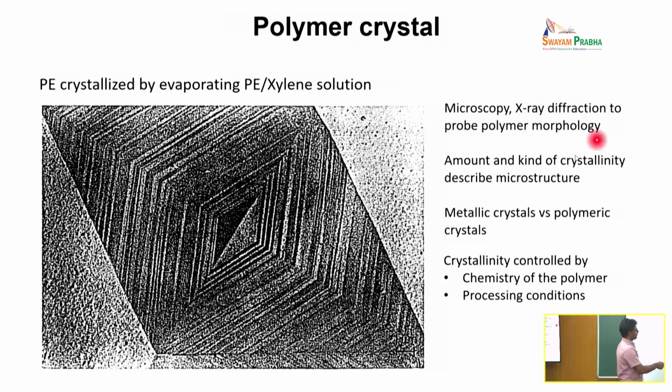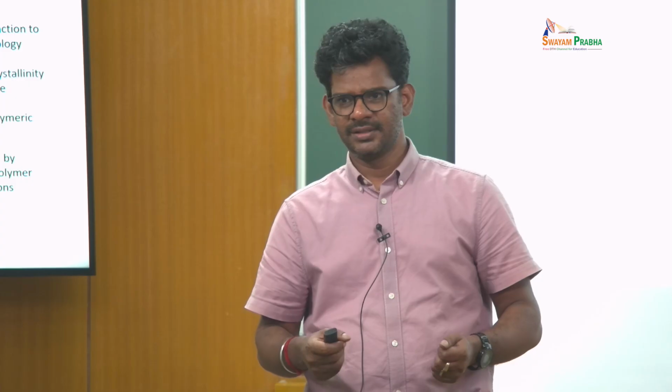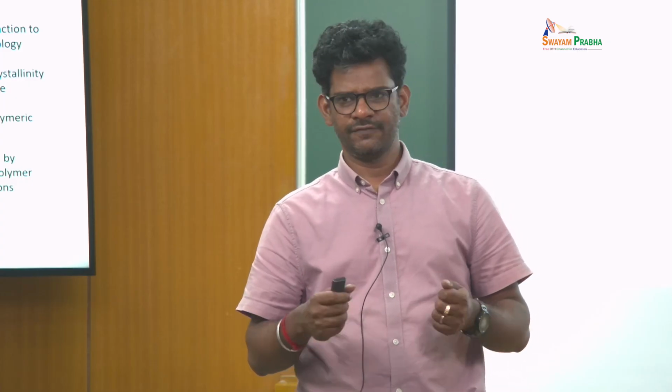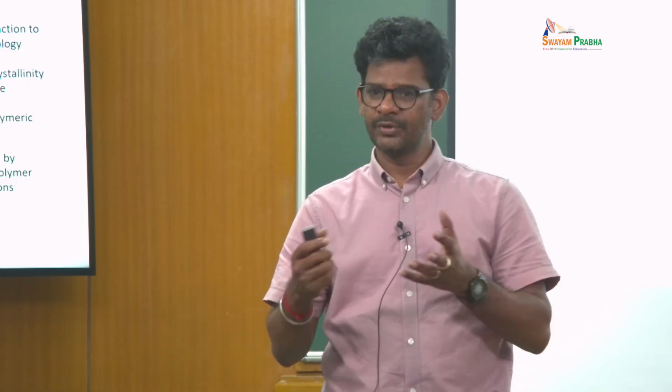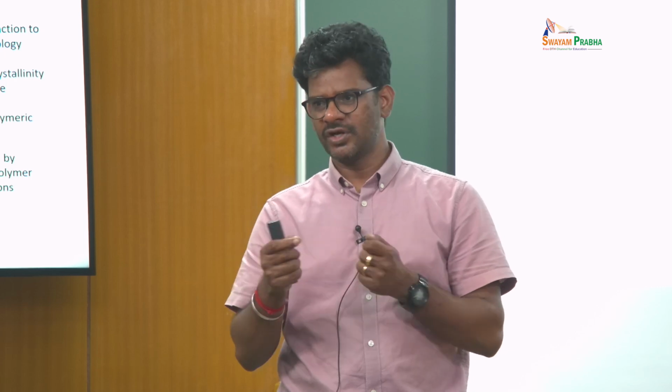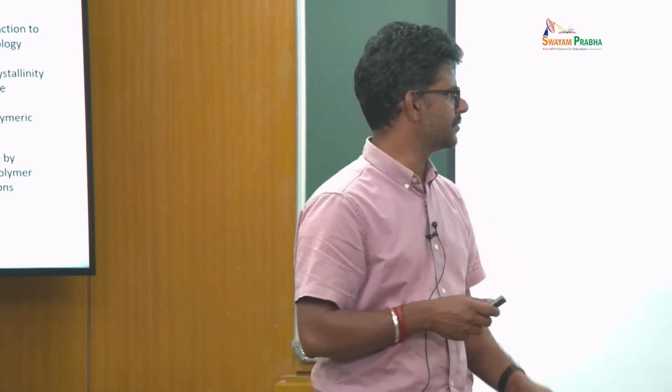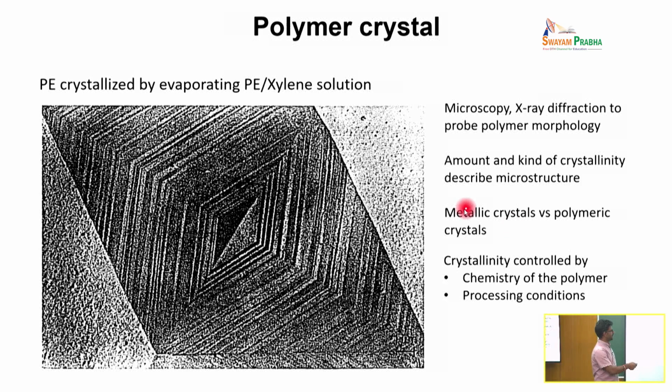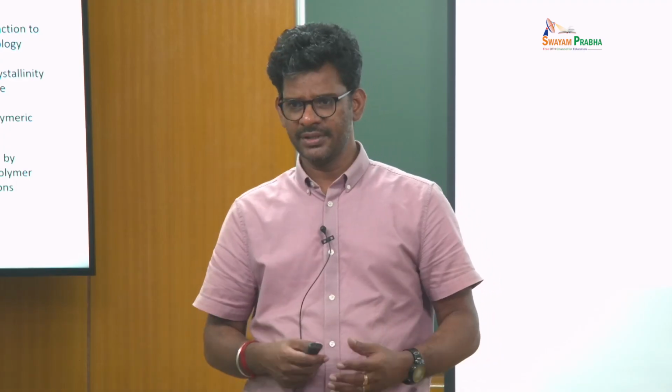From the properties point of view, metallic crystals are very strong, brittle, and it takes a very high temperature to melt them. Polymer crystals can be a little less strong and less brittle, but they have a similar kind of atomic arrangement as in metals. So there is a good analogy between metallic crystals and polymeric crystals. Now if you ask, what controls the crystallinity of the polymer? Two things.